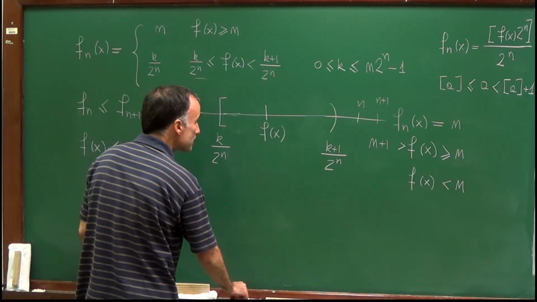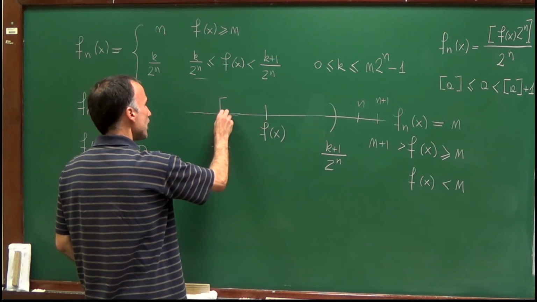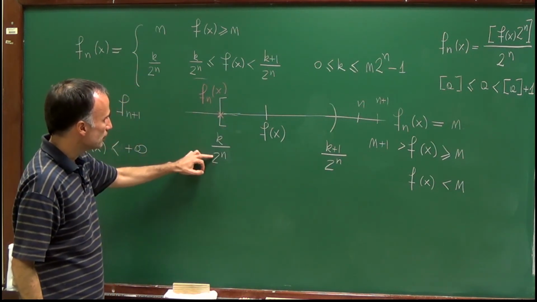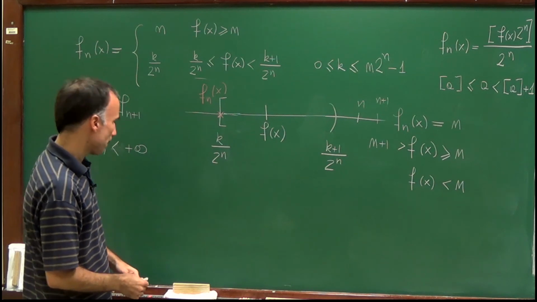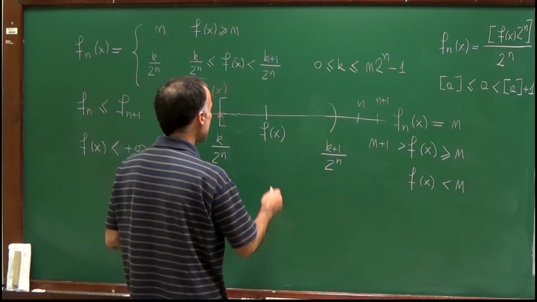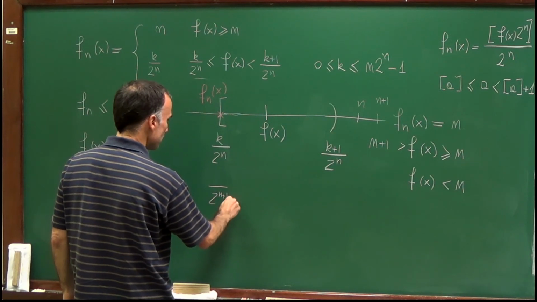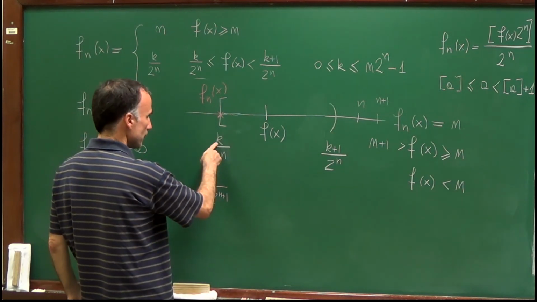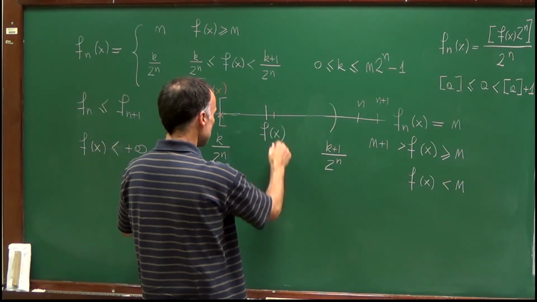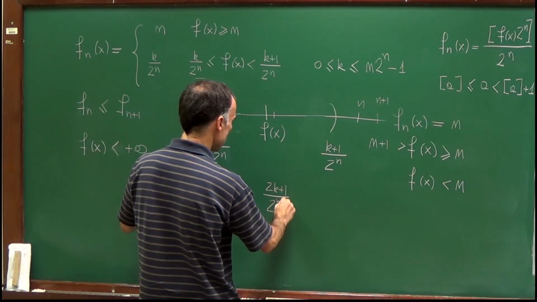So what will happen is that in this case, by our definition, the value of fn of x is exactly equal to k divided by 2 to the n. Now to obtain the value of fn plus 1, we have to consider intervals divided by n plus 1. So we will have here 2k, which is one interval. Then at some point, say here, we have 2k plus 1 divided by 2 to the power n plus 1.